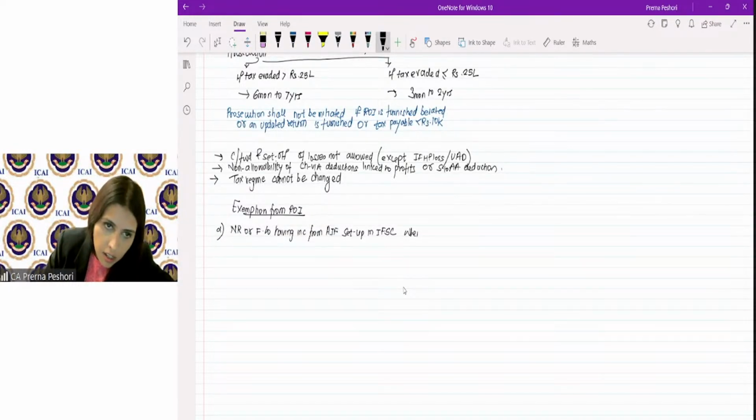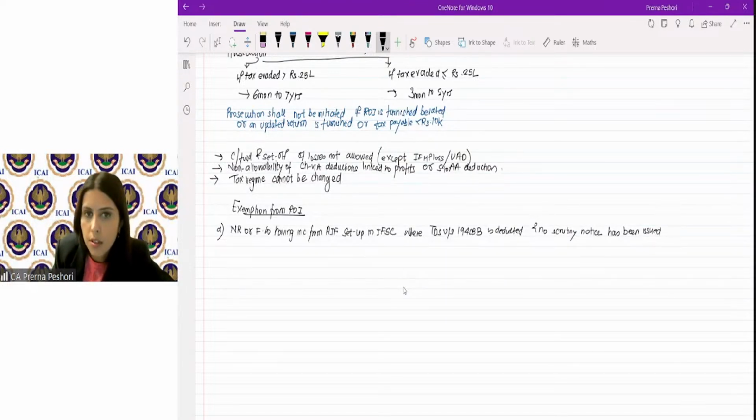Where TDS under section 194LBB is deducted and no scrutiny notice has been issued.